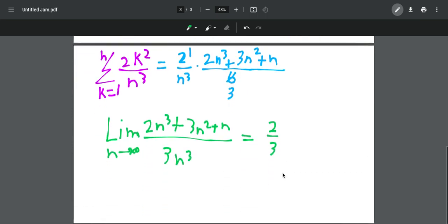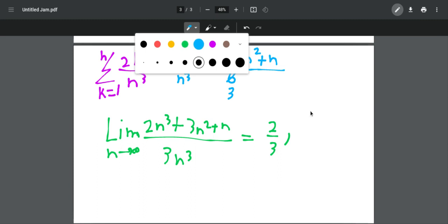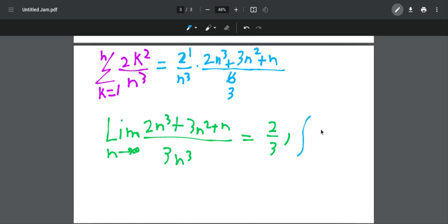And another way that you can check your answer is to evaluate the integral of 2x squared dx from 0 to 1.